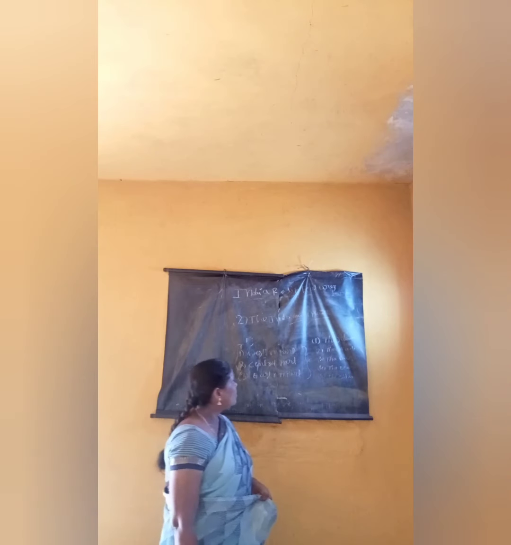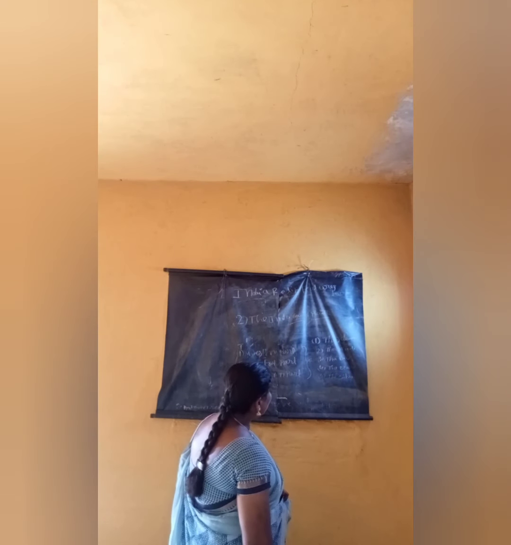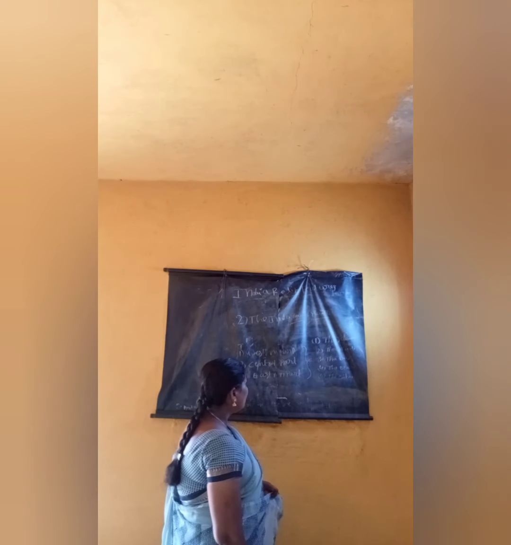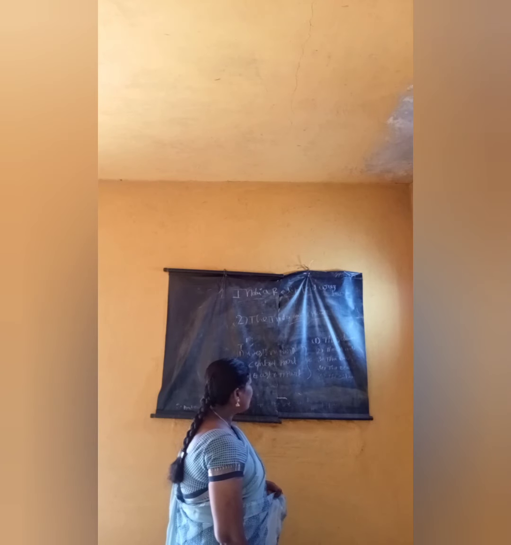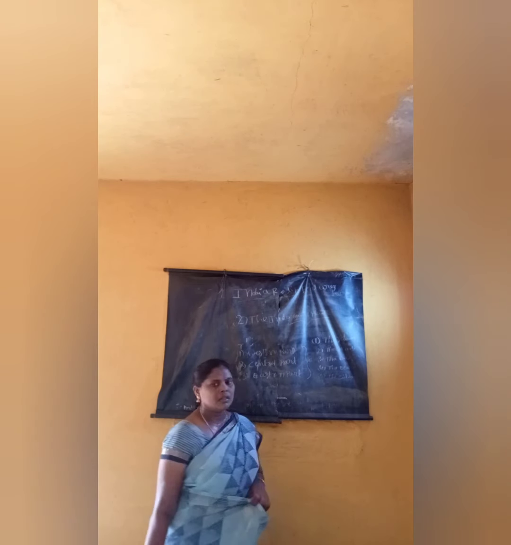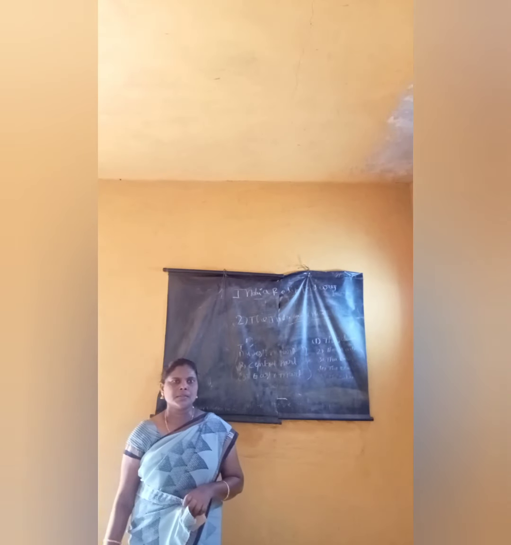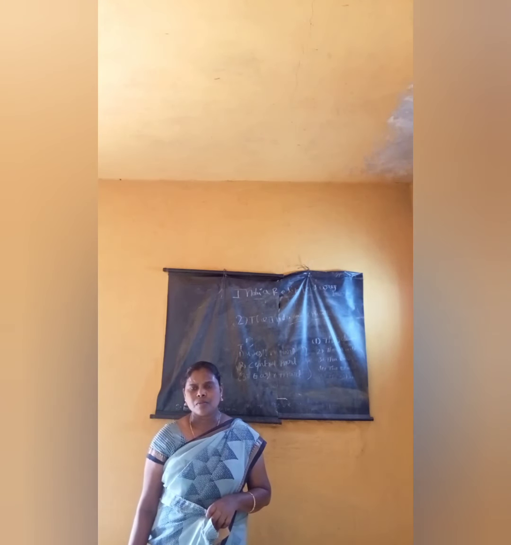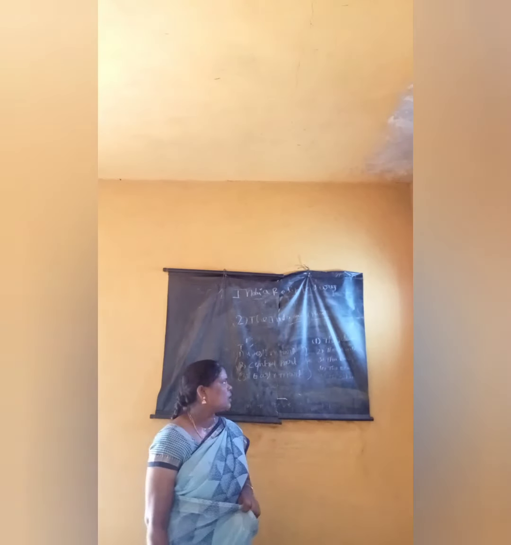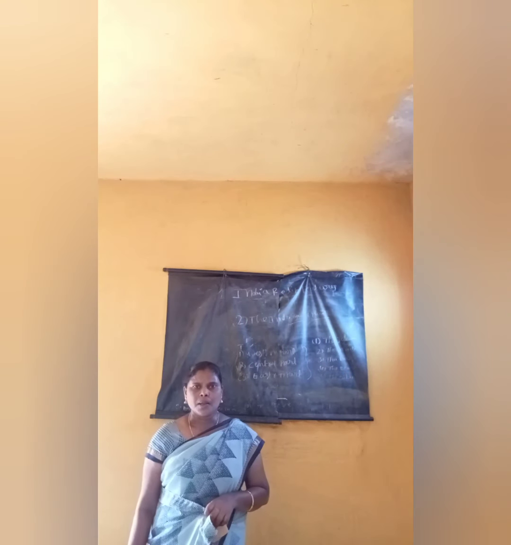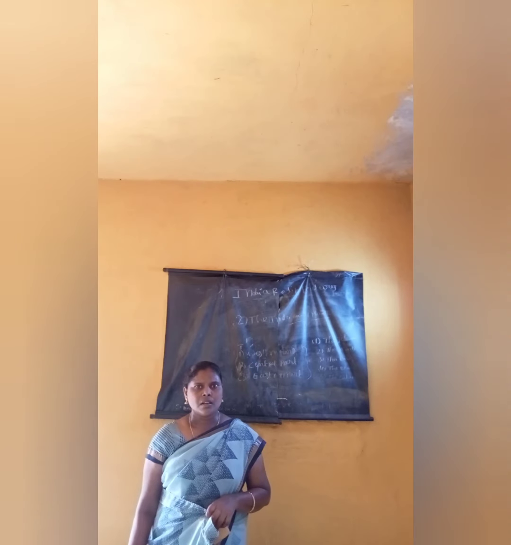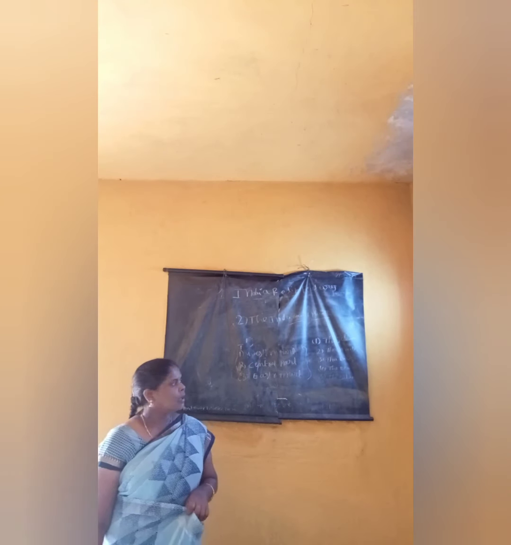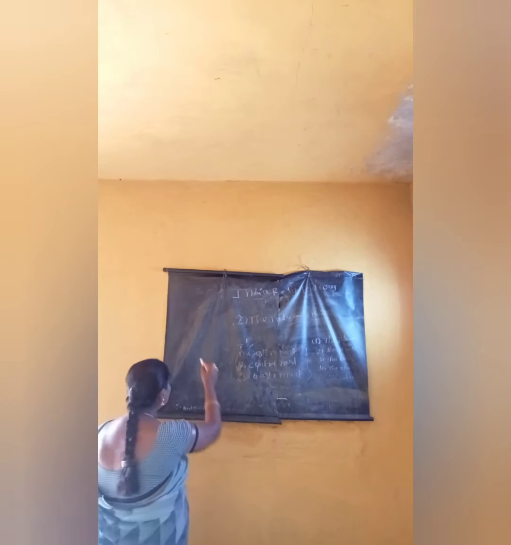The Jhelum, the Chenab, the Ravi, the Beas, the Sutlej. The Sutlej flows from the Himalayas.